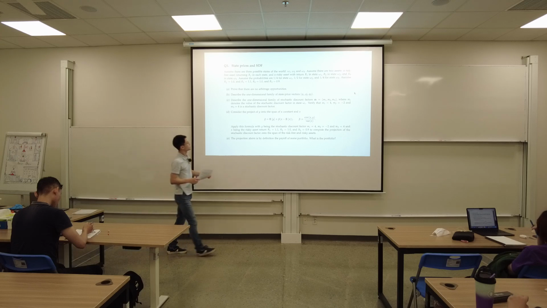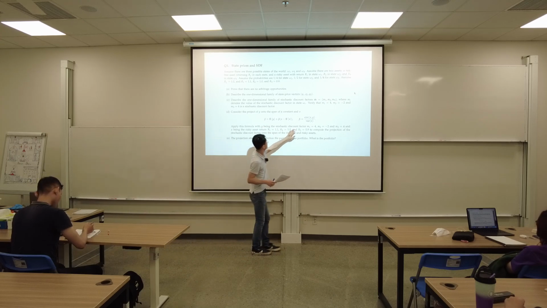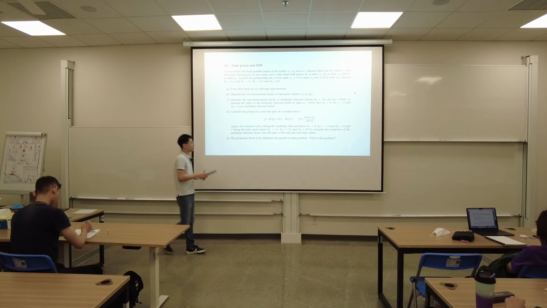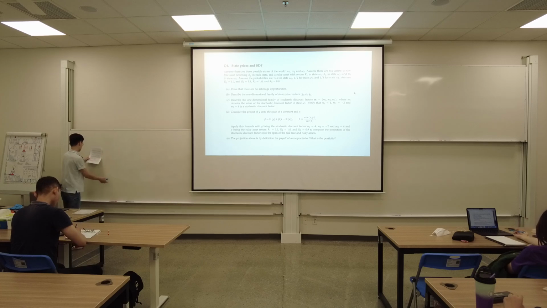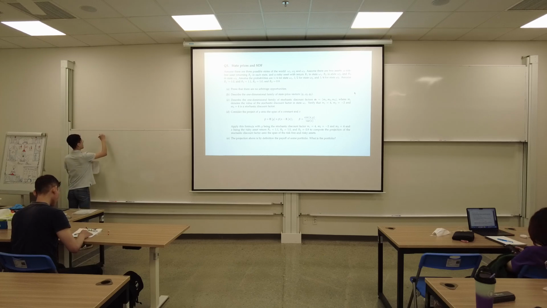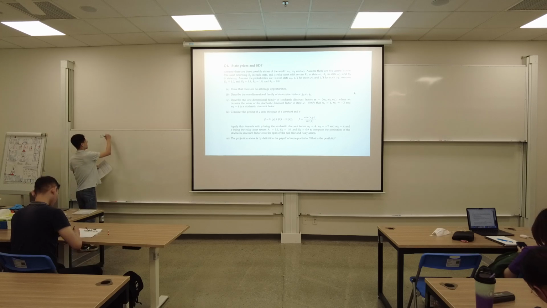So we want to find this y hat, so we have to get expectation, we have to get this beta. So what is the expectation of R, the risky return? It is 1.